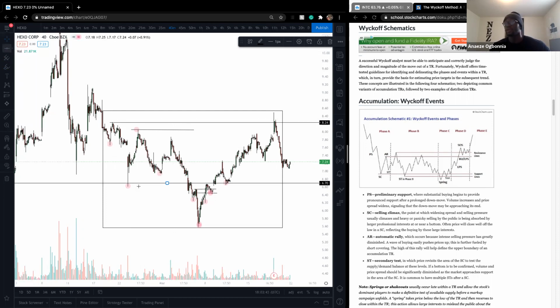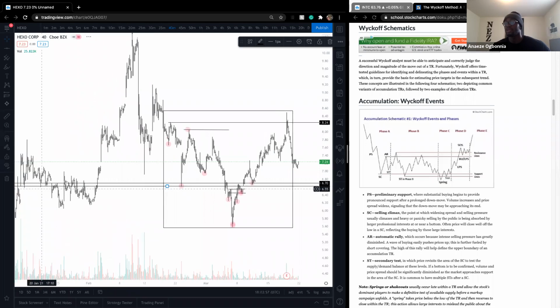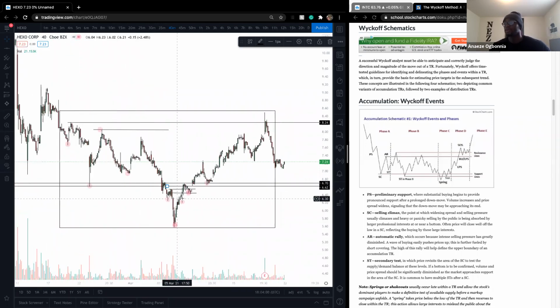If I added it directly under that line, it's still kind of valid as a test area. It just didn't hit it perfectly, but it did hit this area where price rejected twice. If you zoom out, you can see price has been rejecting up there. So, valid zone, valid zone.